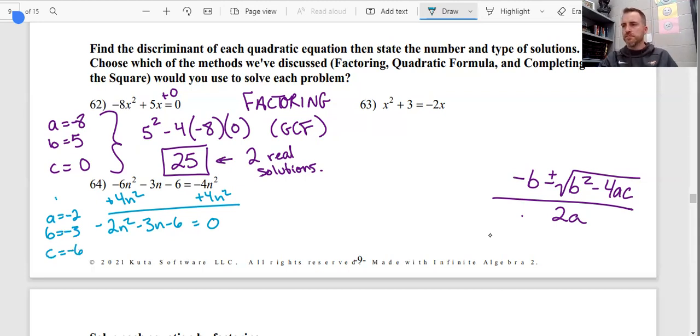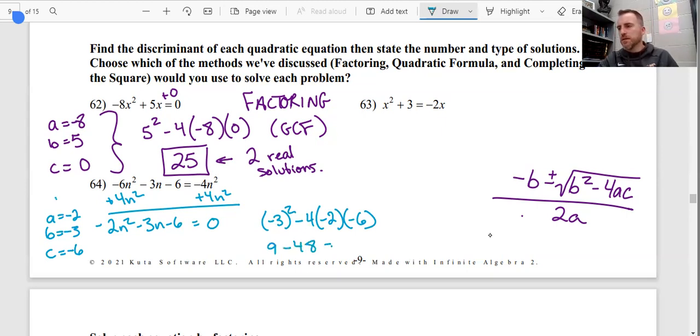We do b squared, so negative 3 squared minus 4 times negative 2 times negative 6. So we get 9, and 4 times negative 2 is negative 8, times negative 6 is 48, so minus 48.